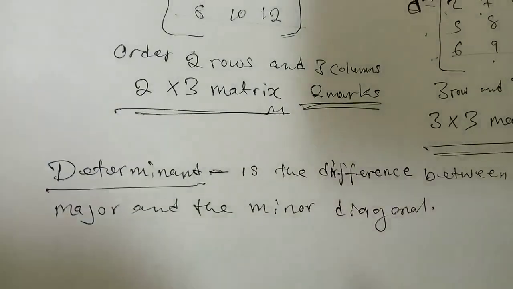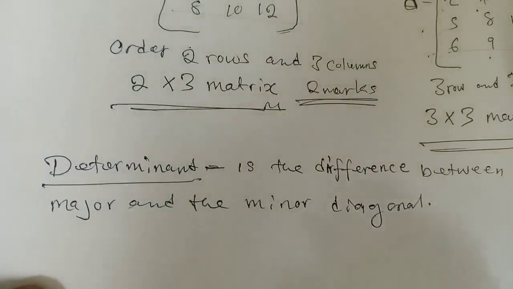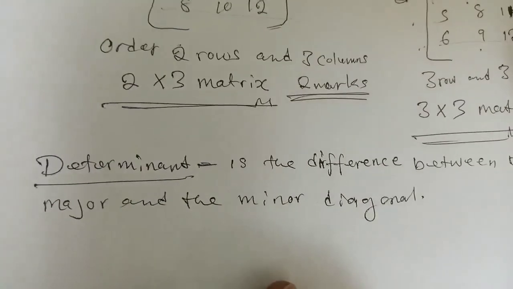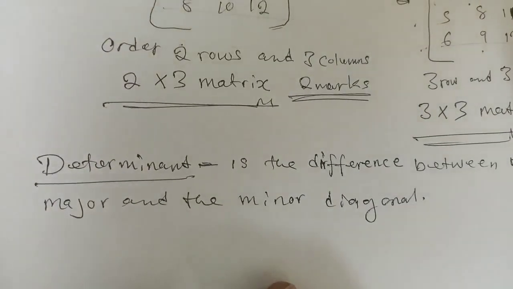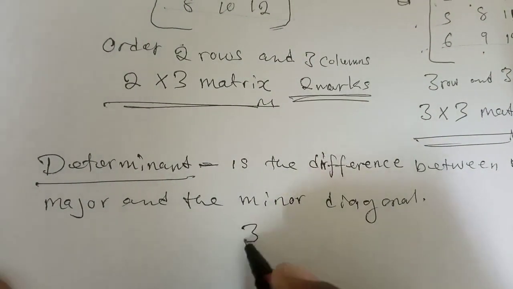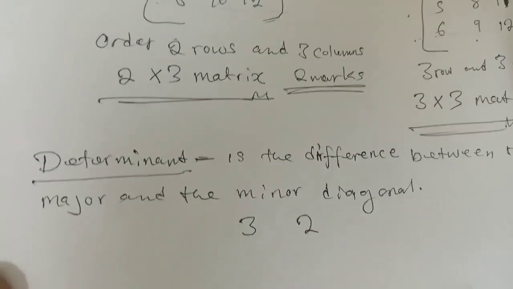When you talk about the difference, what comes to your mind when you hear the word difference? They are simply asking you to find, let's say for instance, you have 3 and 2.